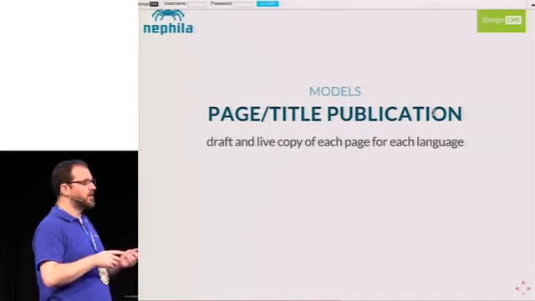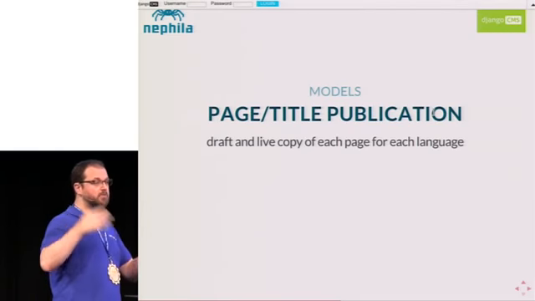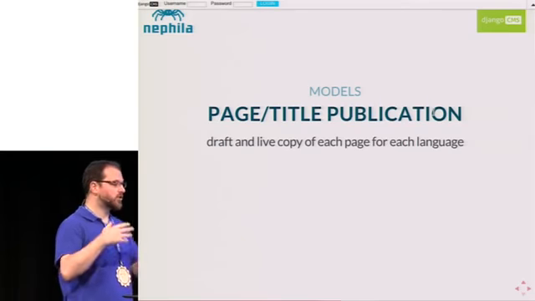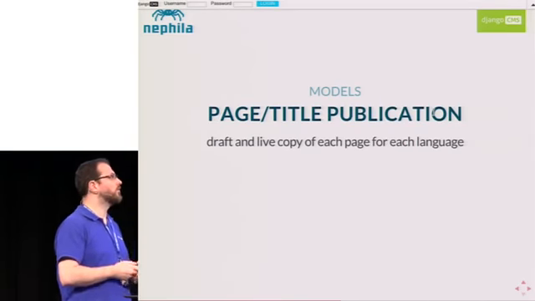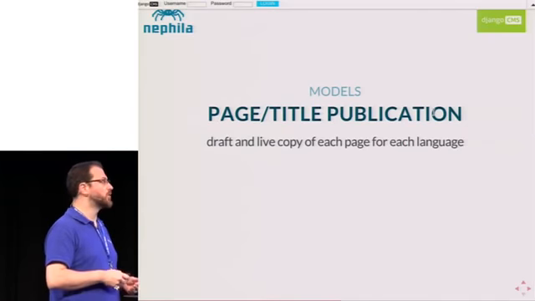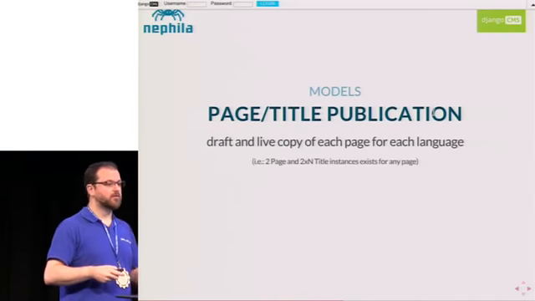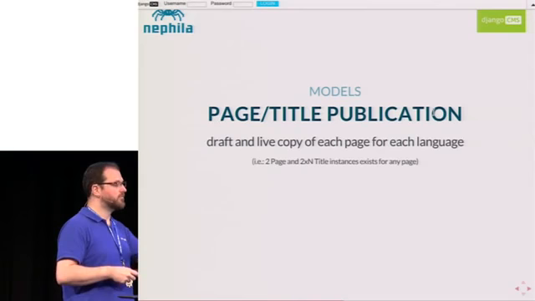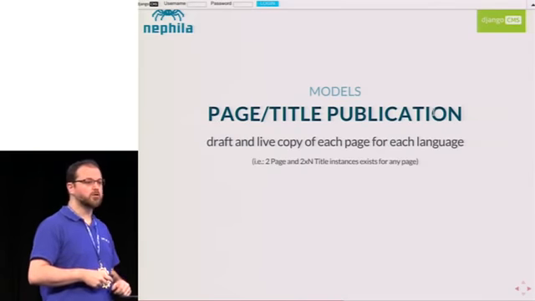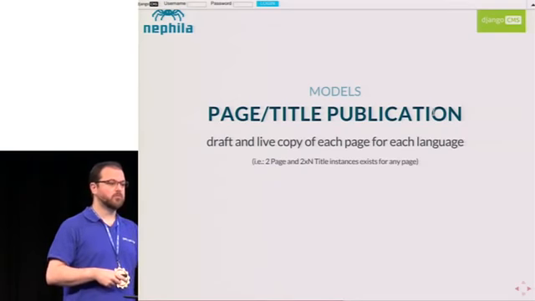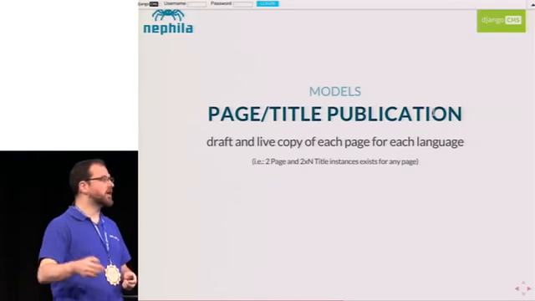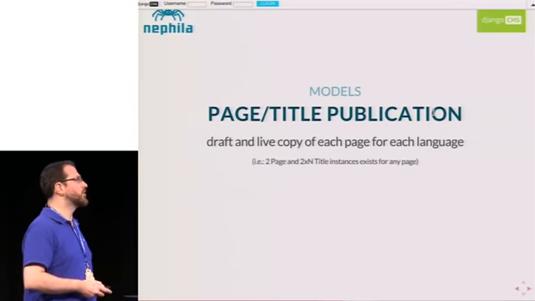Django CMS keeps 2 versions of each content, basically: the draft and the live of each page, and for each language. So for any logical page, you end up having 2 model instances of the page model, and 2 copies of each title in each language.